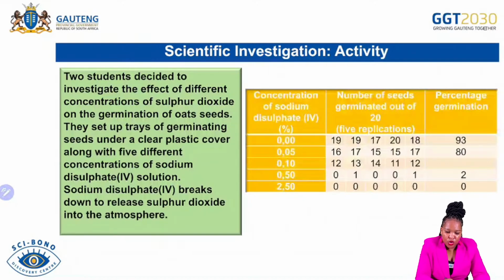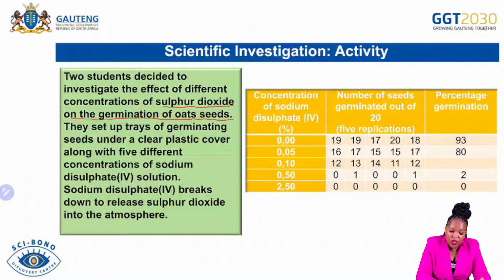Now, 2 students decided to investigate the effect of different concentrations of sulfur dioxide on the germination of oats seed. So already you are trying to check what the variables are here. And then they set up trays of germinating seeds under a clear plastic cover along with 5 different concentrations of sodium disulfate solution.